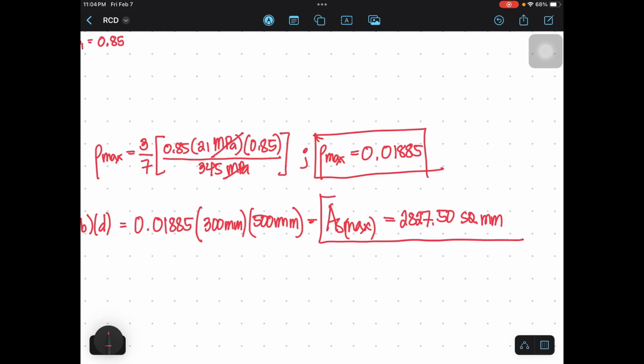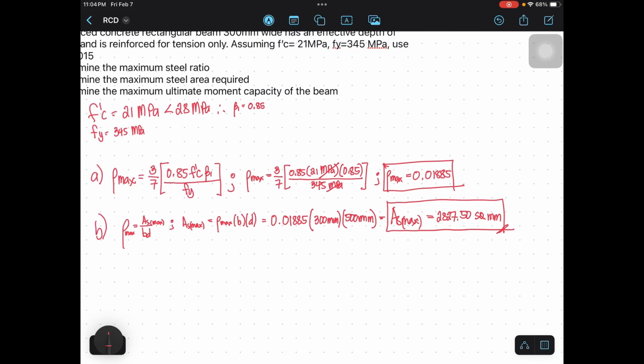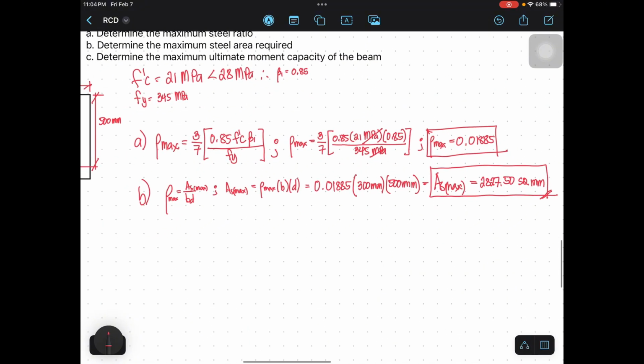So this is the area of steel reinforcement under maximum condition.